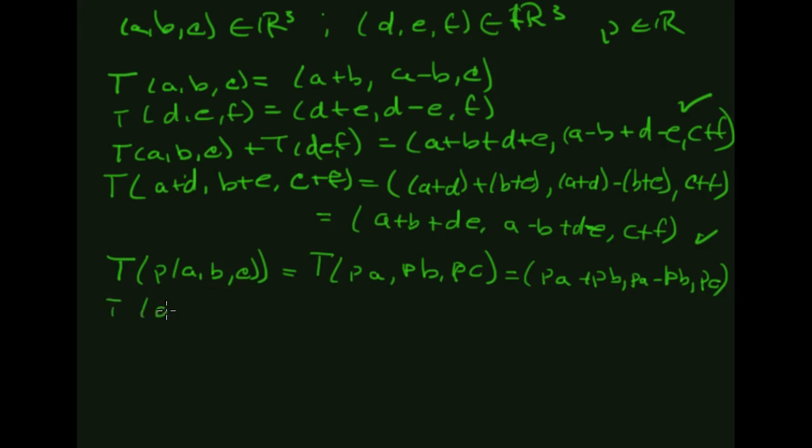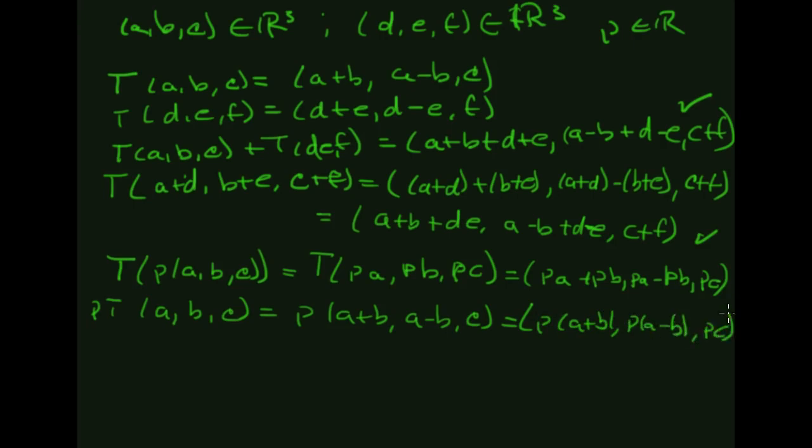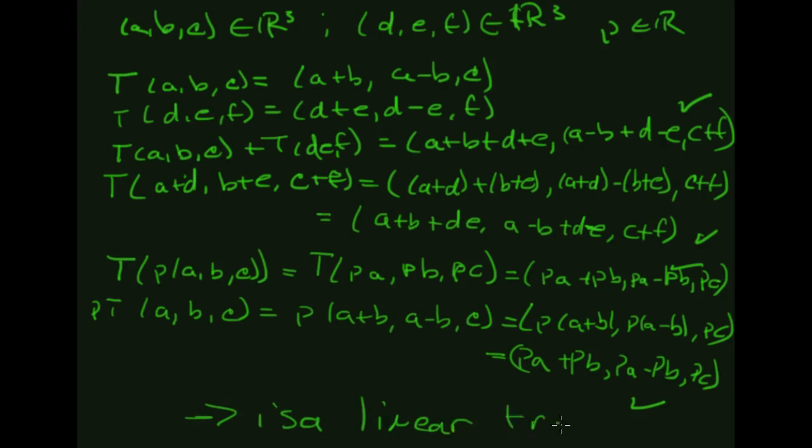Then I started on the other end: P times T of (A, B, C) is P times (A plus B, A minus B, C), which gives me (PA plus PB, PA minus PB, PC), and this is the same as that. So this is a linear transformation.